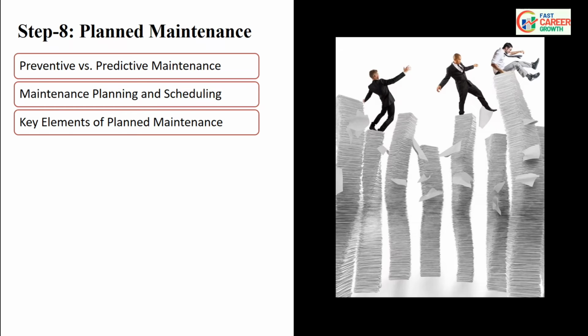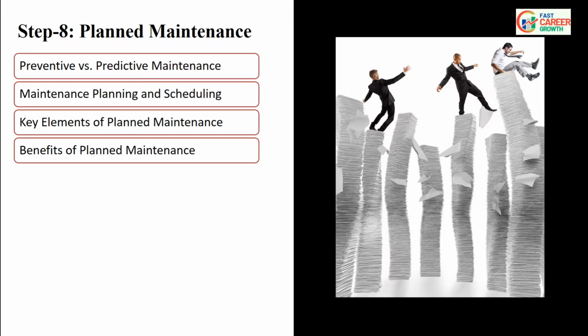Benefits of planned maintenance. Discuss the advantages of planned maintenance, which may include reduced unplanned downtime, improved equipment reliability and performance, cost savings through optimized maintenance resource allocation, enhanced safety for employees and equipment operators.